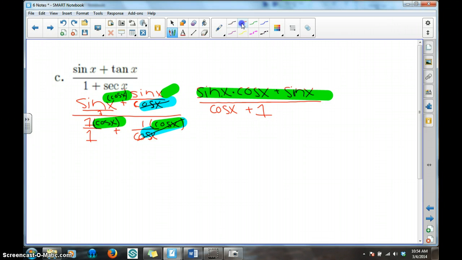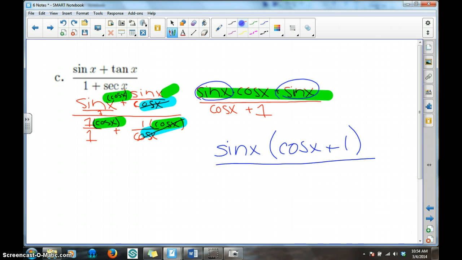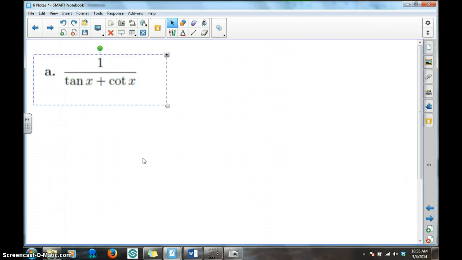Sine x is in both terms. It shows up there and it shows up there. And watch what happens when I factor it out. Now you can cancel it. Bam, bam. My answer is sine x. This is example, I think 6 on page 29. It's 6A or something like that, but it's on page 29. Give this one a shot, please.